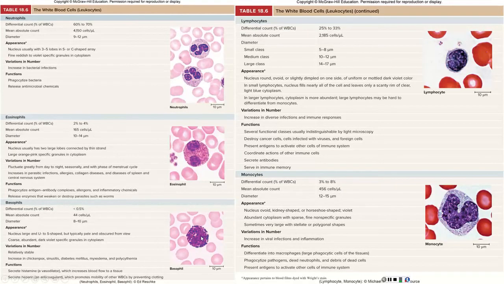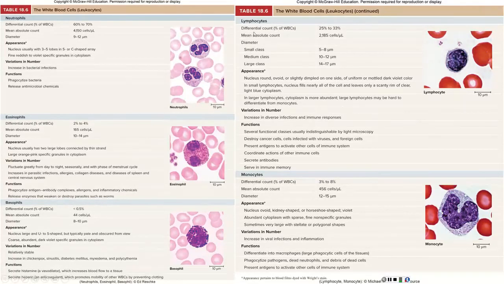Now the nucleus is kind of U-shaped, kind of shaped like a bean almost, but we don't see it because it's hidden behind all of those granules. Now over here, neutrophil, eosinophil, basophil, all of those are granulocytes, and they all end in phil, P-H-I-L. Now over here on the right, we see lymphocyte and monocyte, and they do not have granules, or their granules aren't dark enough to be seen.